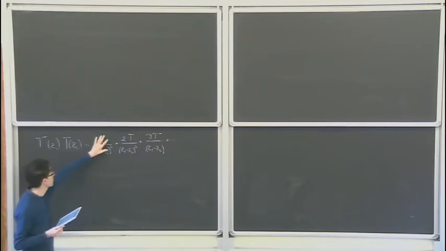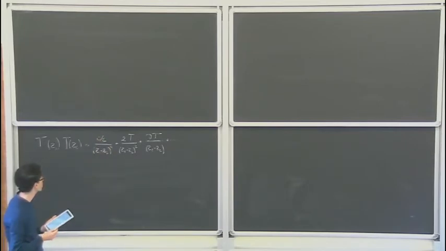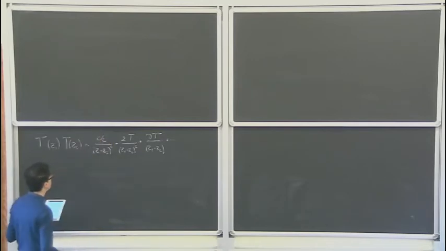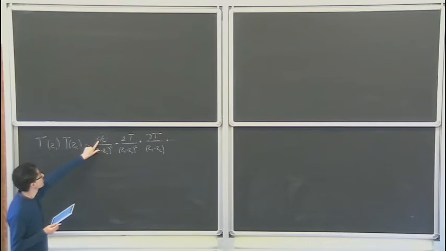So this is telling us that this is not a primary operator. And this coefficient here contains this constant C that is called the central charge of the conformal field theory.